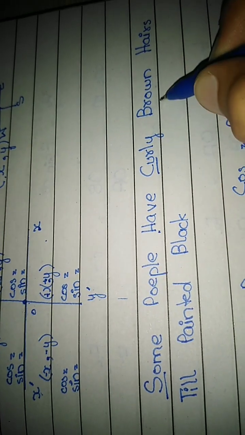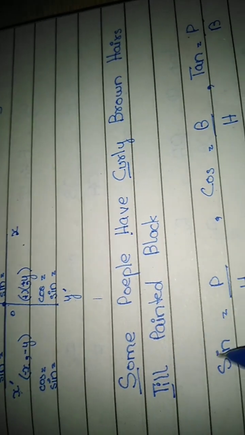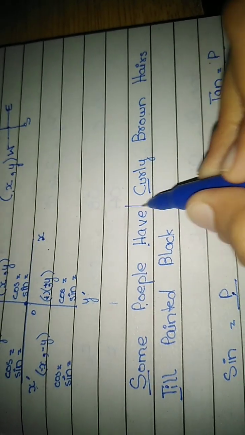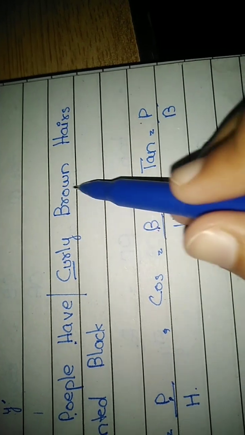S represents sine, C represents cos, and T represents tan. S for sine, P for perpendicular, H for hair. C for cos, B for base, H for hypotenuse. T for tan, P for perpendicular, B for base.